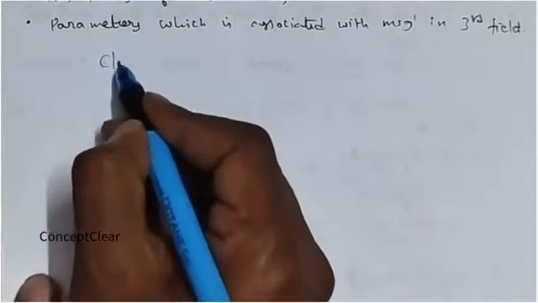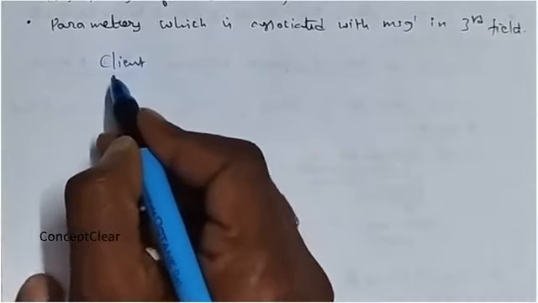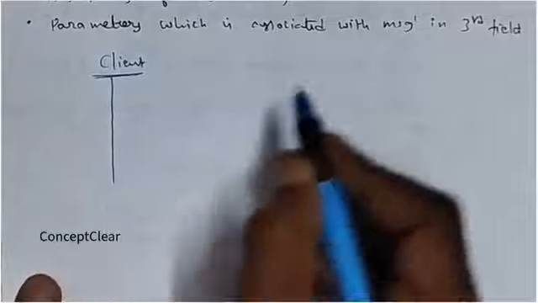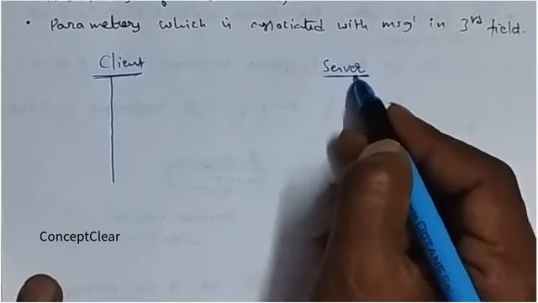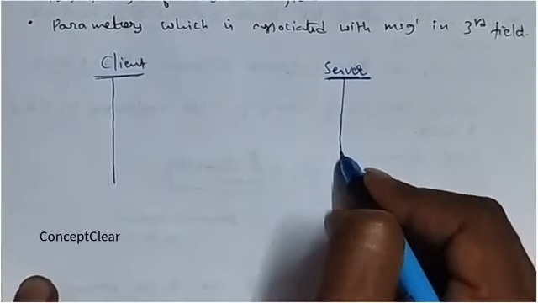In the third field, we have a diagram of the client and server relationship. First we have to take the client, and we have to take the server. Okay, the handshake protocol contains four phases in total. After drawing this diagram, I will explain.